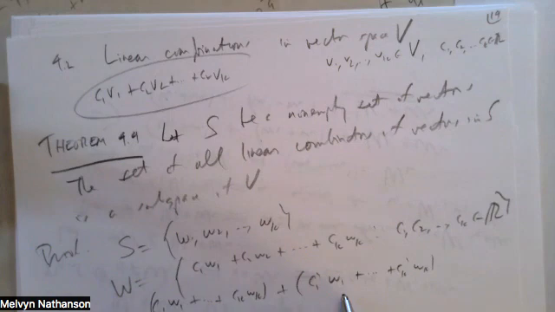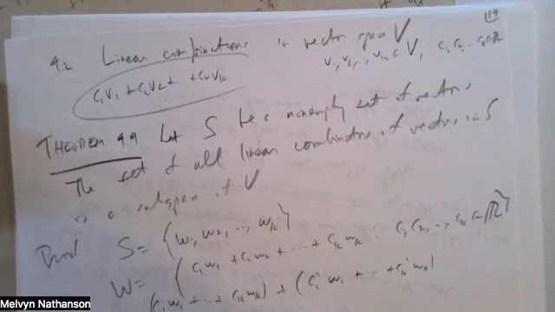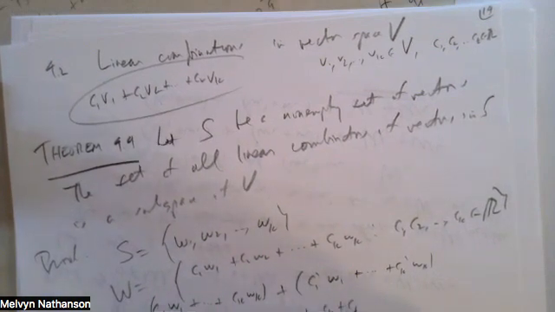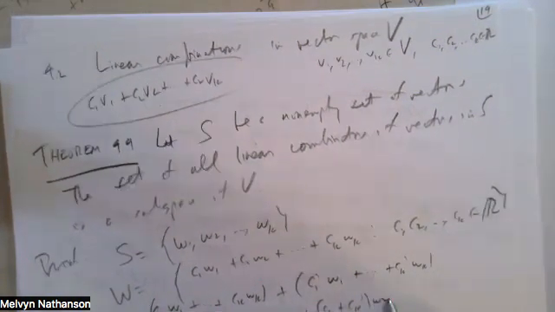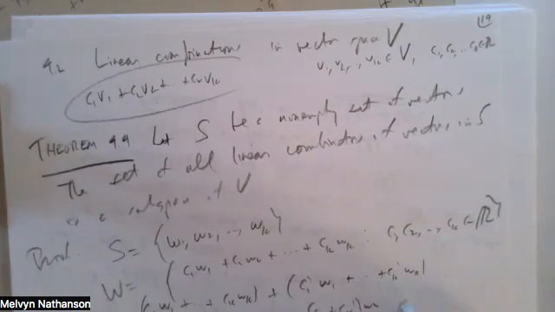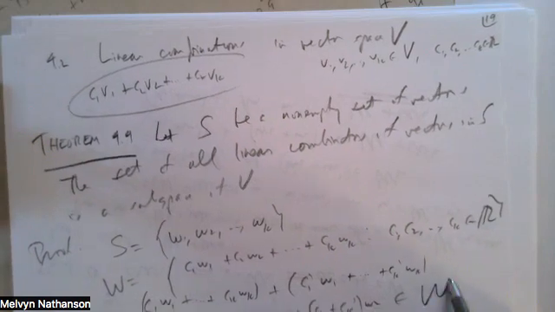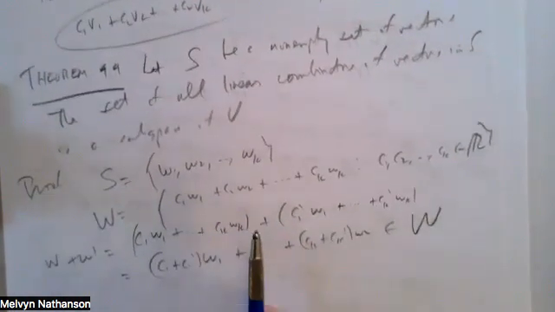But when you add, just by using the fact that everything is commutative and distributive, this is c1 plus c1 prime times w1, up to ck plus ck prime times wk. And this is in W. So this set of linear combinations is closed under addition.